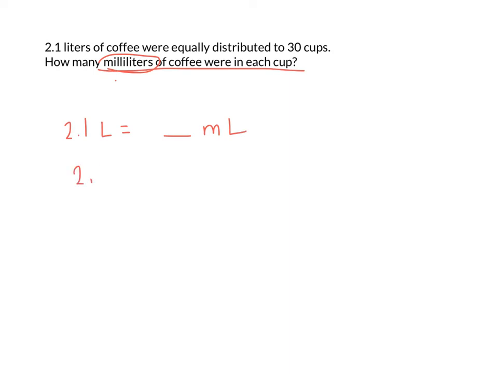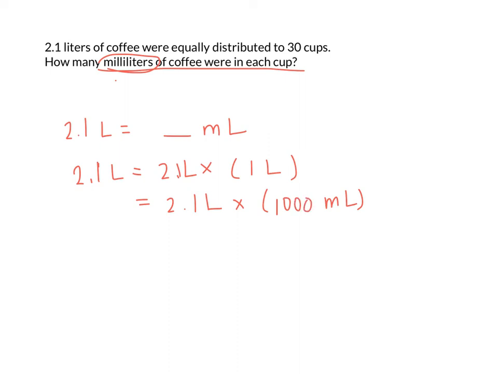We know that 2.1 liters is equal to 2.1 copies of 1 liter, which is equal to 2.1 liters times some number of milliliters. How many milliliters are in 1 liter? The answer is 1,000.